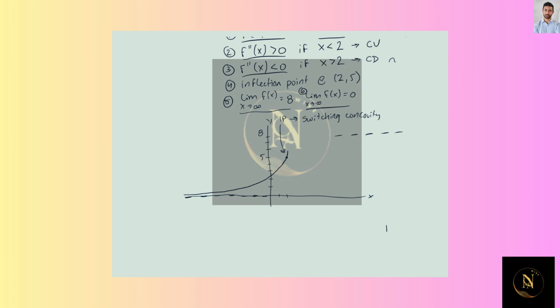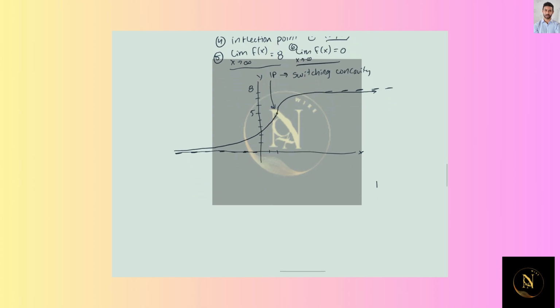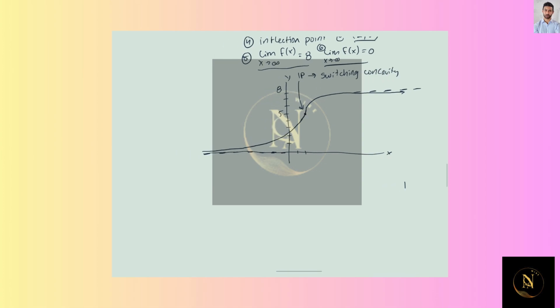So we come to that point, and then we remember we have an inflection point, and we're switching concavity. These 2 points tell us the same thing. At x equals 2, we're switching concavity, going from concave up to concave down. And then we approach 8, and we stay really, really close to 8, and we continue on.